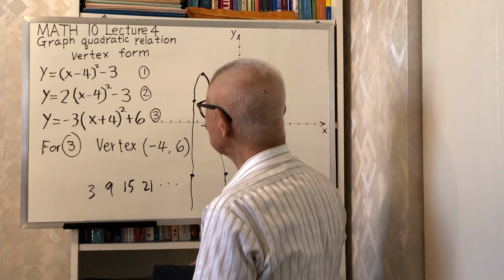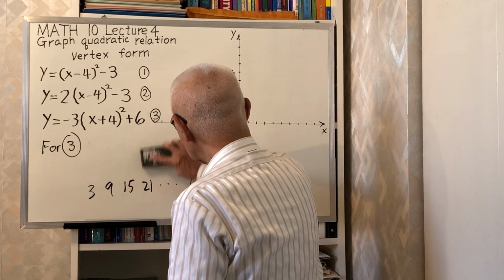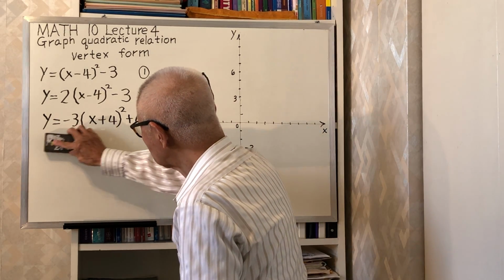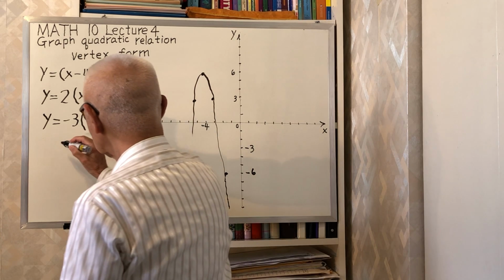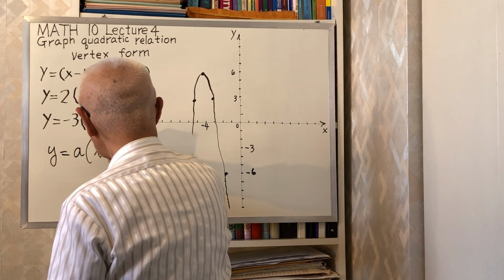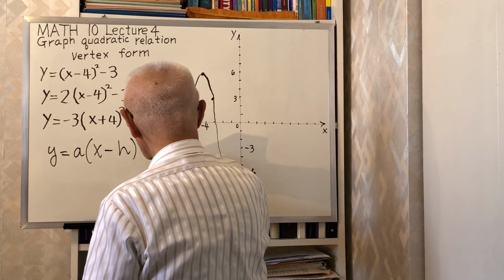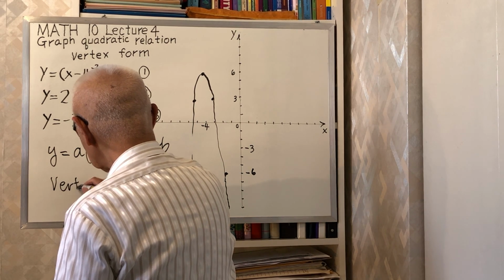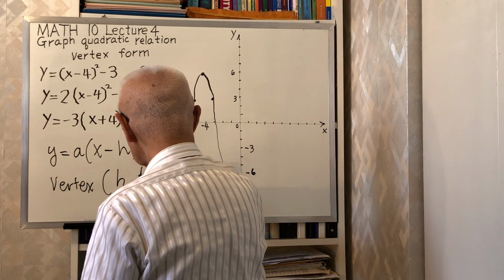Okay, I need to make a summary of this. A general vertex form is y equals a(x minus h) square plus k. So the vertex is (h, k).